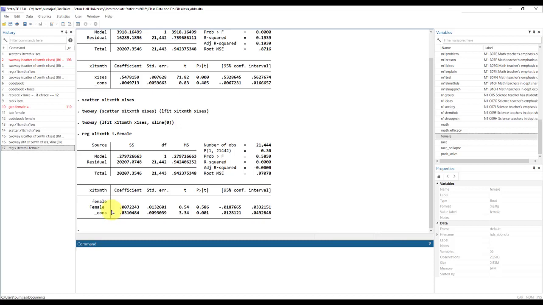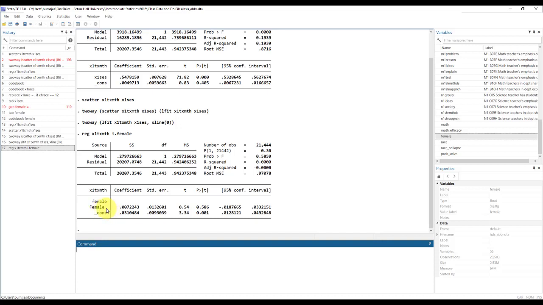What becomes really important when you're working with a binary categorical variable is knowing how that variable is coded, how it's measured, how it's represented in the data set, or what it represents.